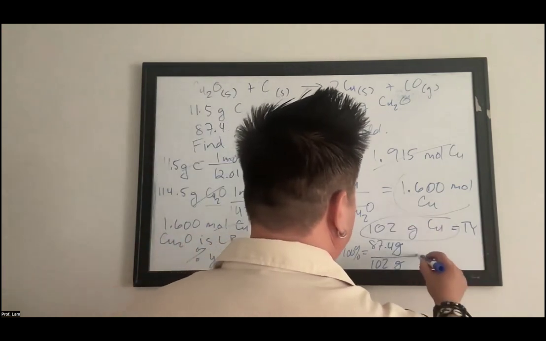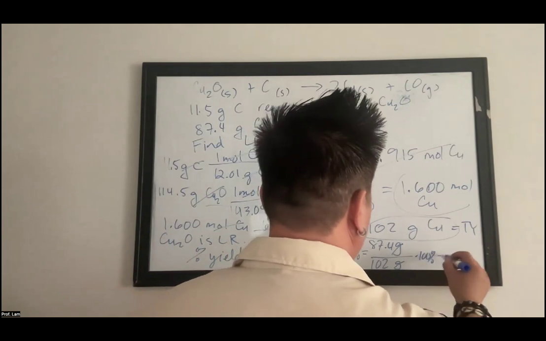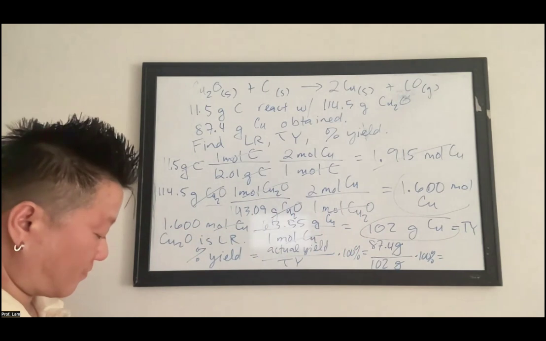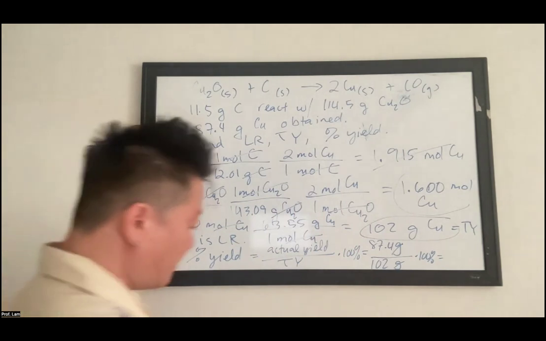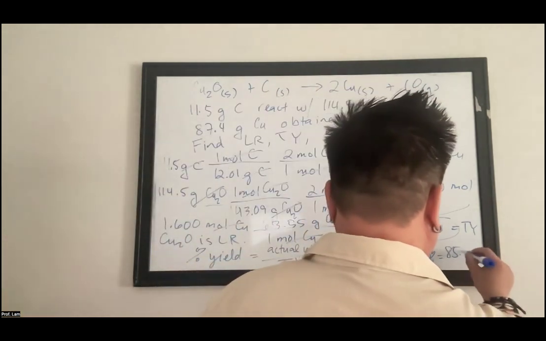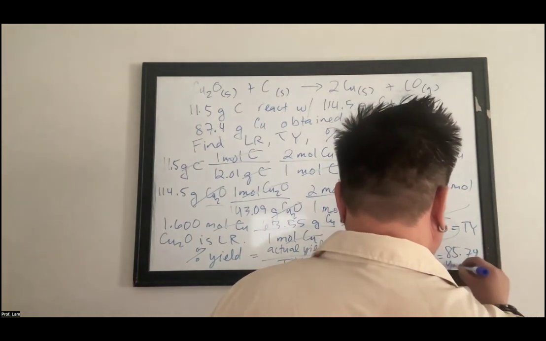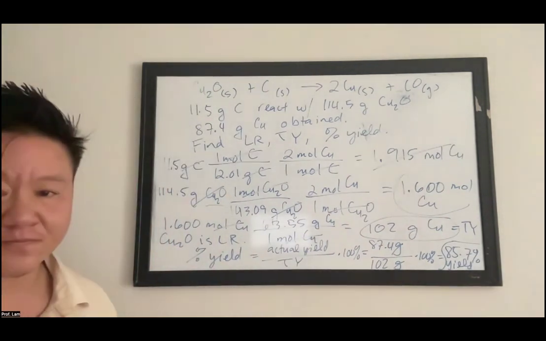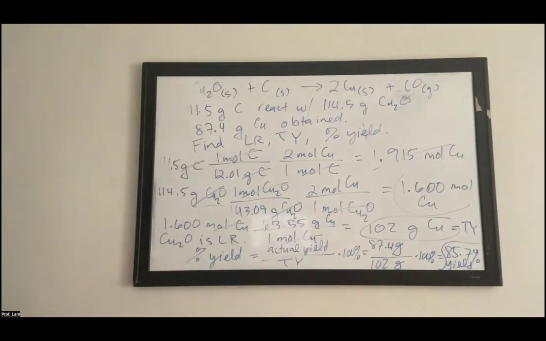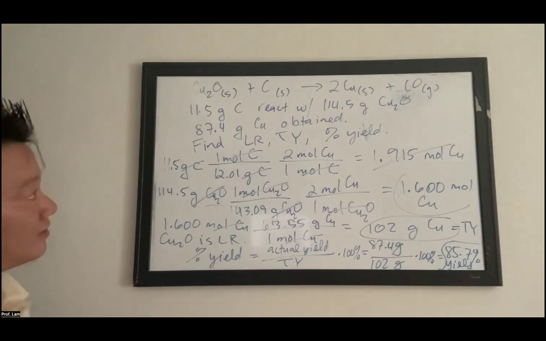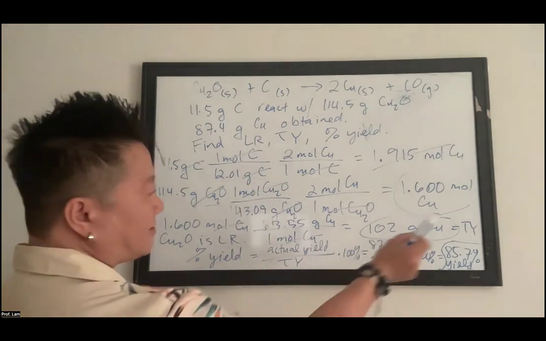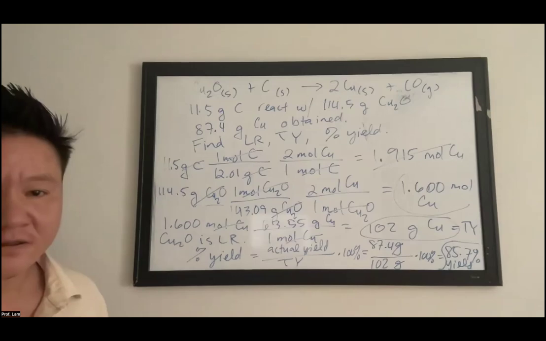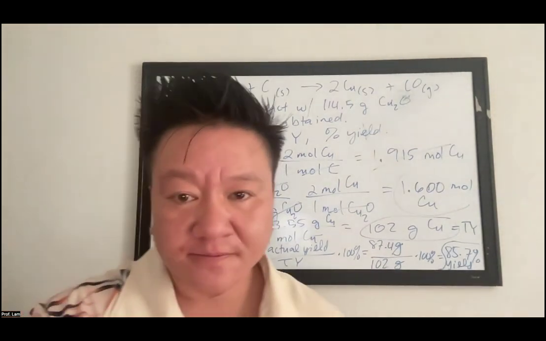So the grams cancel times 100%. .7%. Yeah. Okay. So, right, limiting reactant, theoretical yield, percent yield. Okay. Okay, let's go back to the slides again.